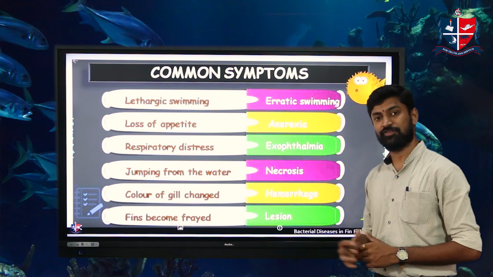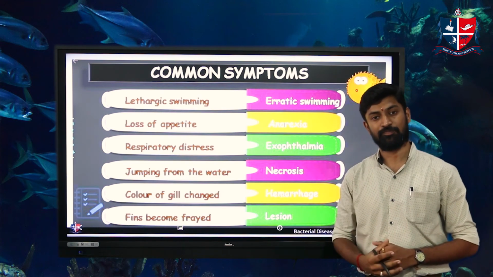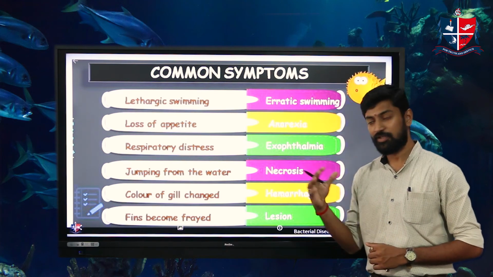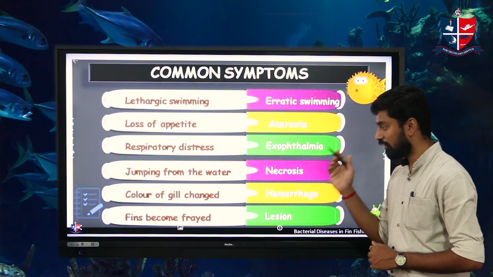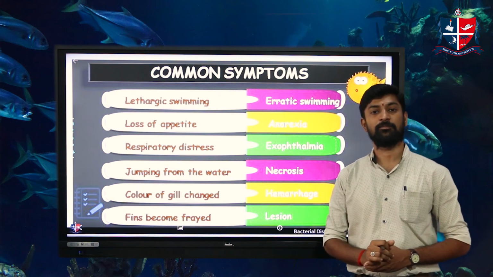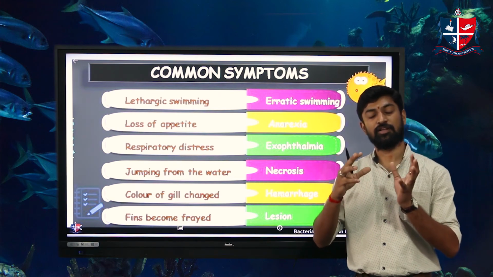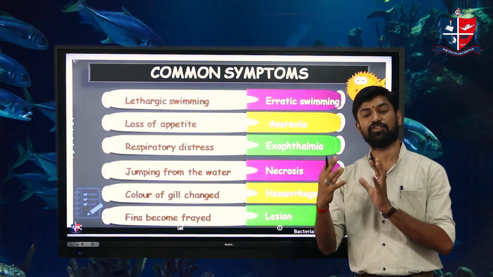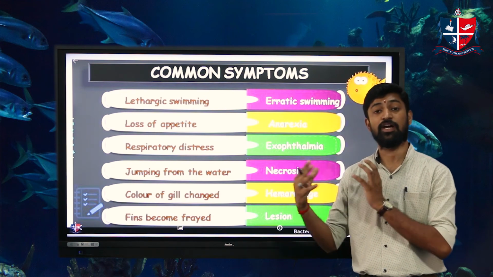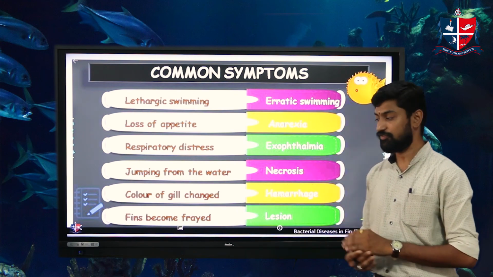And necrosis, death of the tissue or damage of the tissue, is one of the symptoms of bacterial disease. Then color change of the gill, a change to a pale coloration, and excess production of mucus in the gill and operculum area is one of the signs of disease.